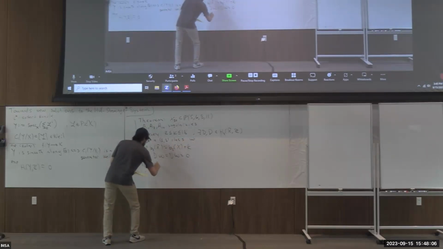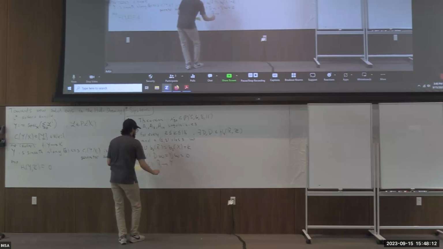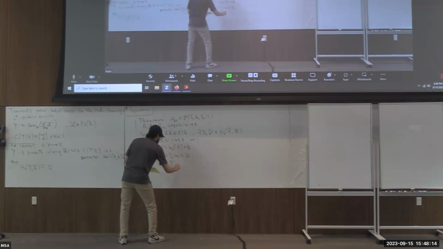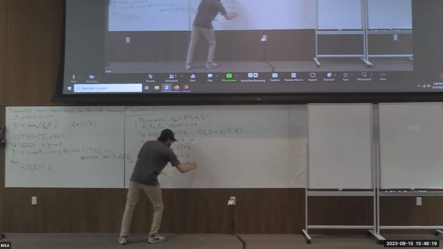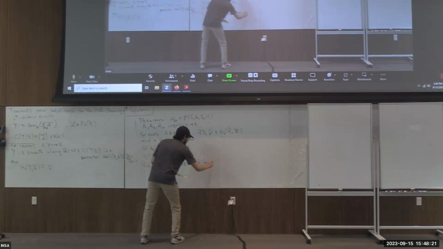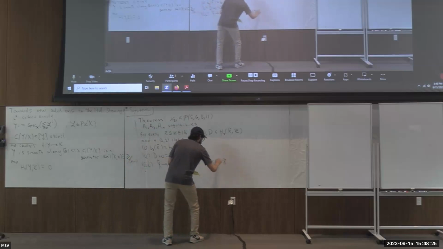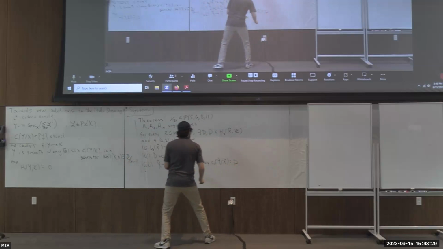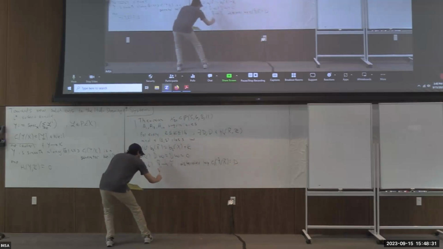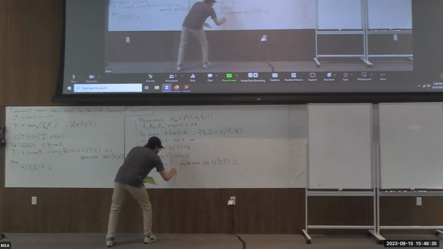And third, the circle bundle Y tilde over x tilde is determined by C1 of Y(x).